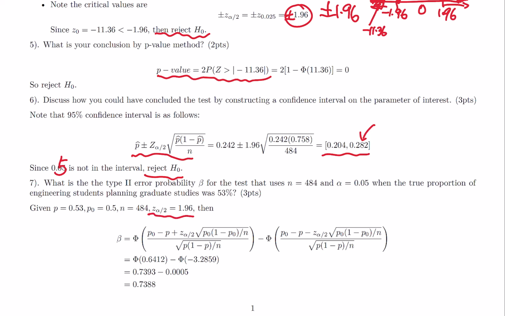Why? Because alpha is 0.05. Z should be at alpha over 2. Okay, so yes, we have to use this one a lot of times, all right? That's the only thing I want to say, because don't mess up this. Alpha has to be split by 2 because it's two-sided test.